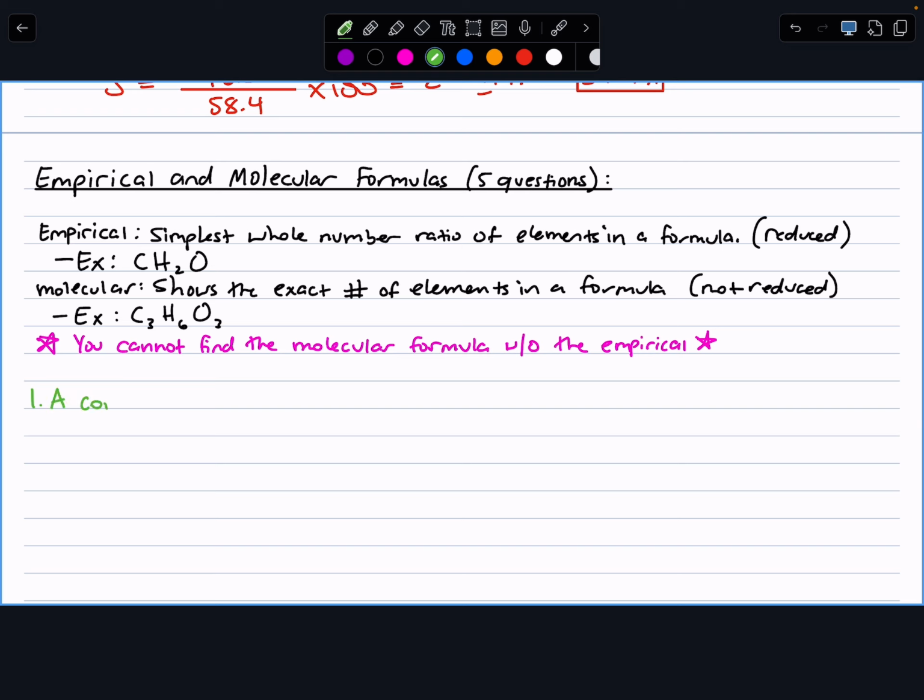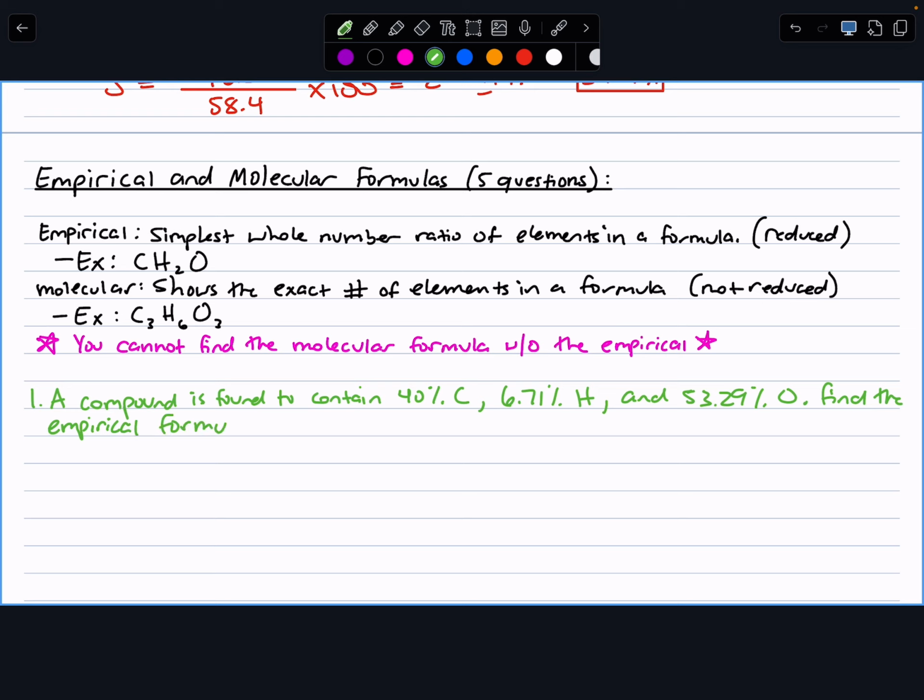A compound is found to contain 40% carbon, 6.71% hydrogen, and 53.29% oxygen. Find the empirical formula. Okay, this is how it's going to be worded on the quiz.